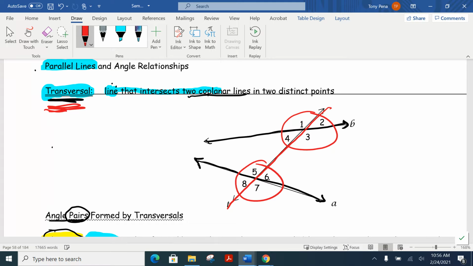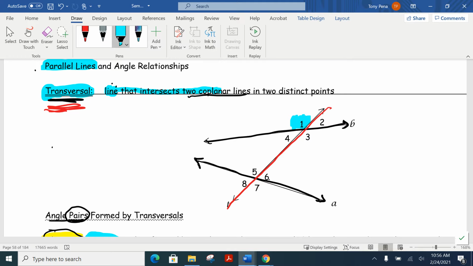You form 4 angles down here. So when we now look at those, if I had you look at angle number 1, notice how of these 4 angles up here, that's the upper left-hand angle, right? So this is our upper left-hand angle of these 4 angles here.